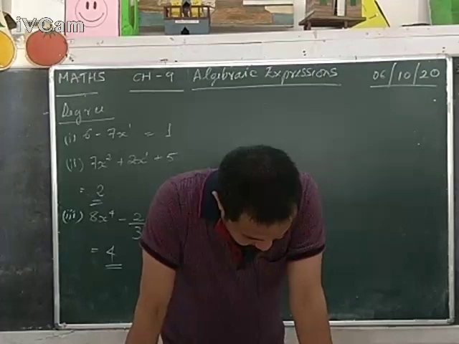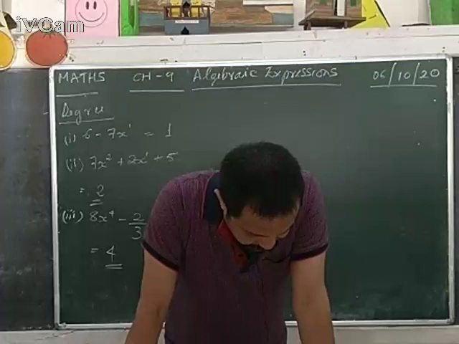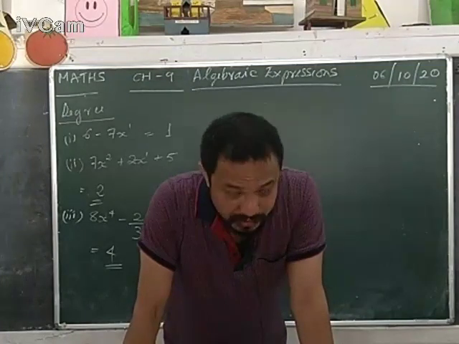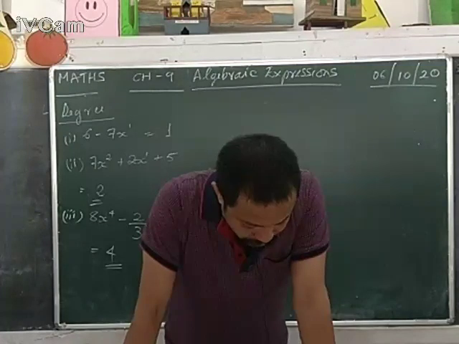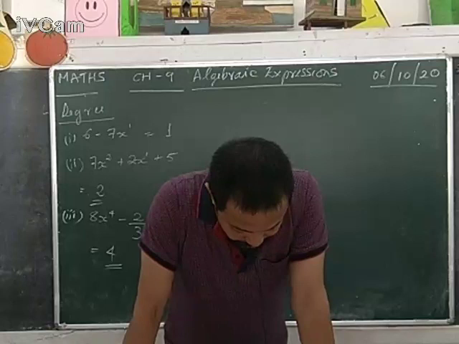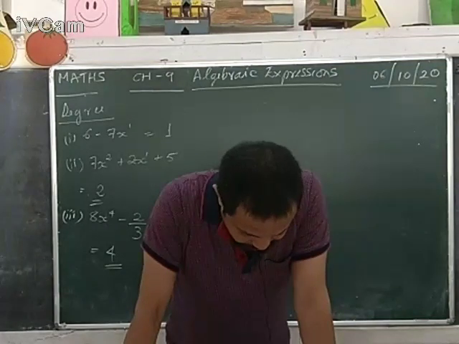Now, note it says if the polynomial is in 2 or more variables, then the sum of the powers of the variables in each term is taken and the greatest sum is the degree of the polynomial. Understood?